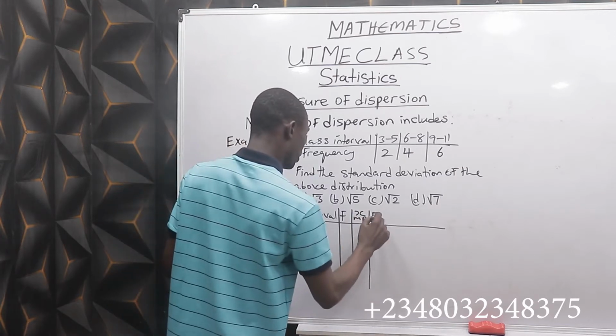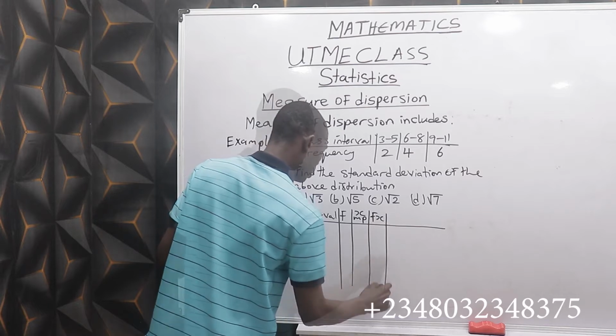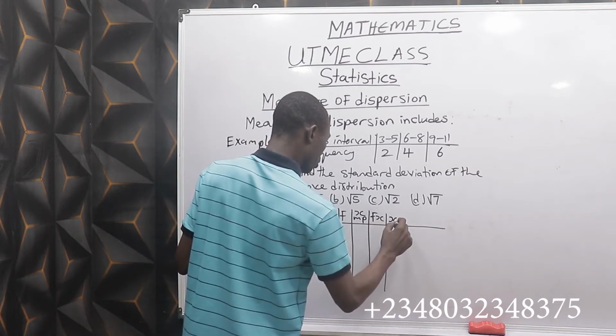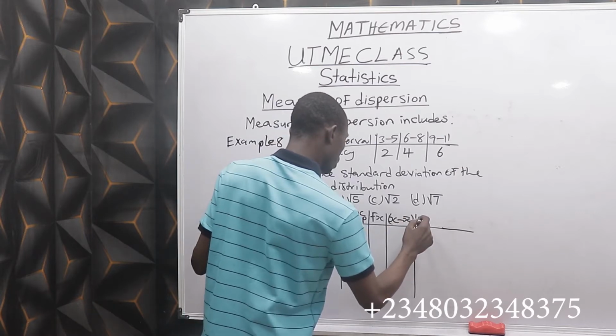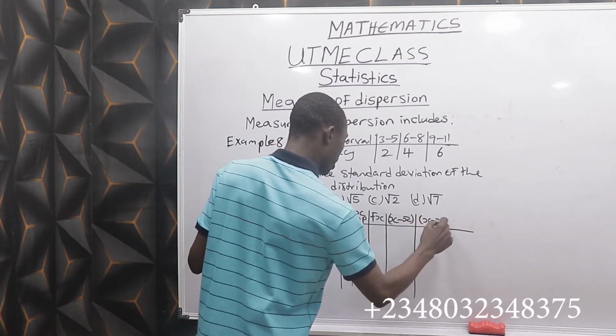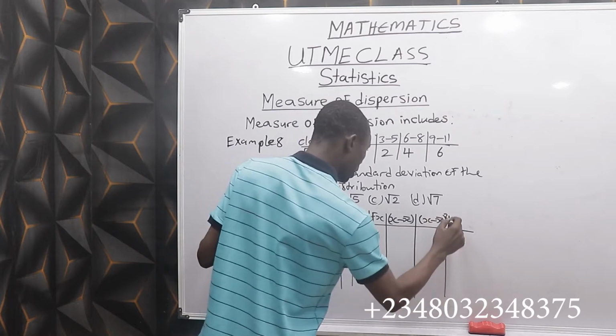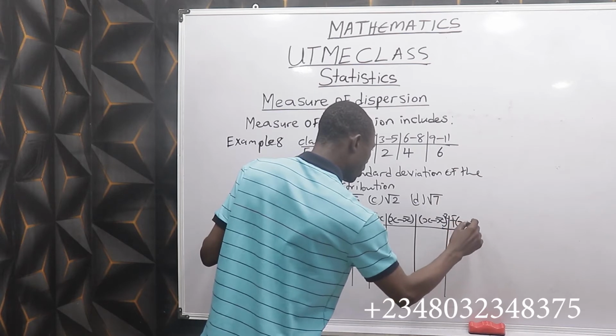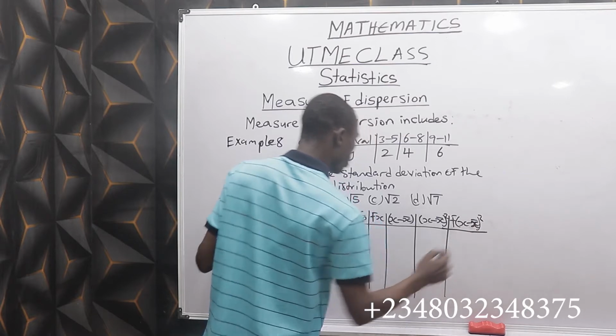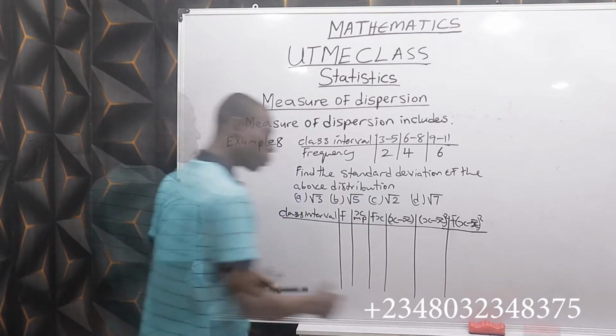Then we have fx, because we will need the mean. Then we have deviation, that is x minus x bar. We will need the square of the deviation. And finally, frequency times square of deviation. And that ends the table.